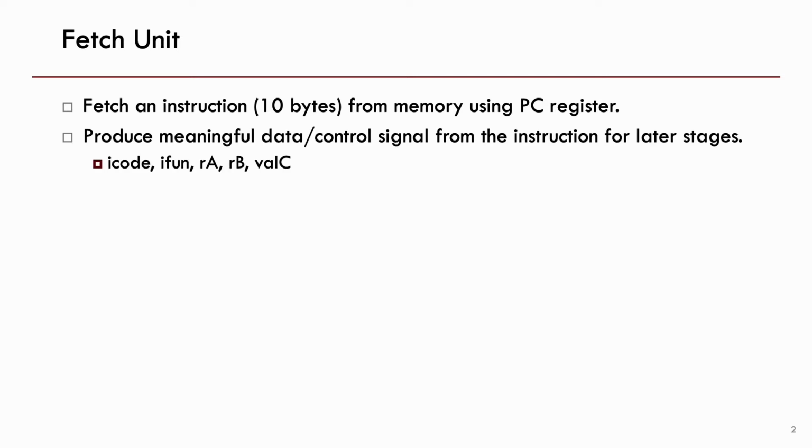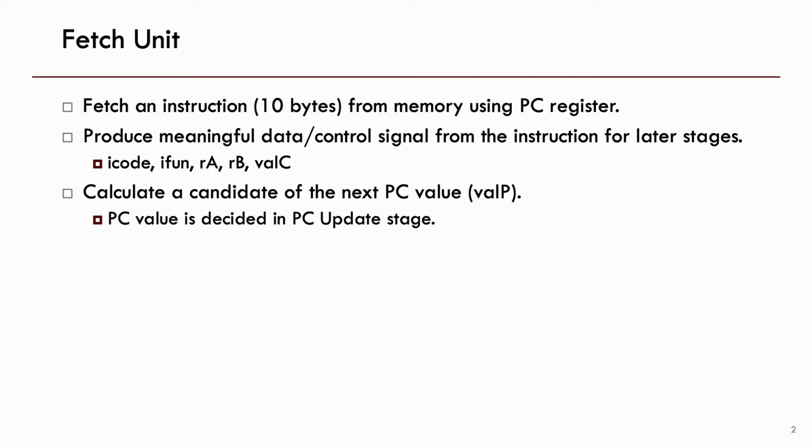And then it produces meaningful data or control signals from the instruction for the later stages. So the output of this fetch unit would be icode, ifun, rA, rB, valC from the instruction.